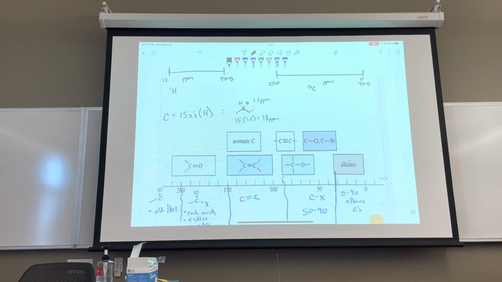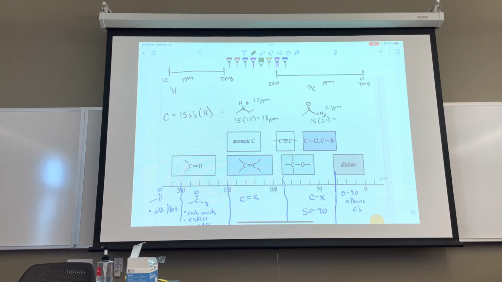But what if we had acetone? Well, remember, those protons of acetone are somewhat de-shielded due to their proximity to the carbonyl group. And so I would expect those methyl protons to be approximately 2.1. So we say 15 times 2.1.